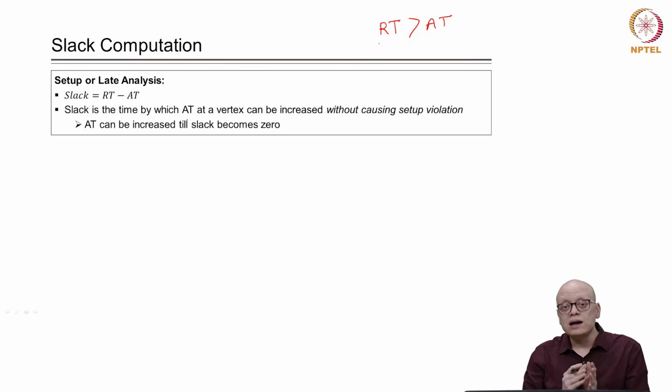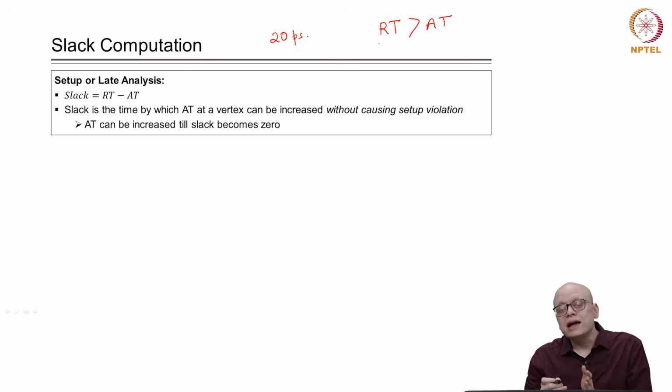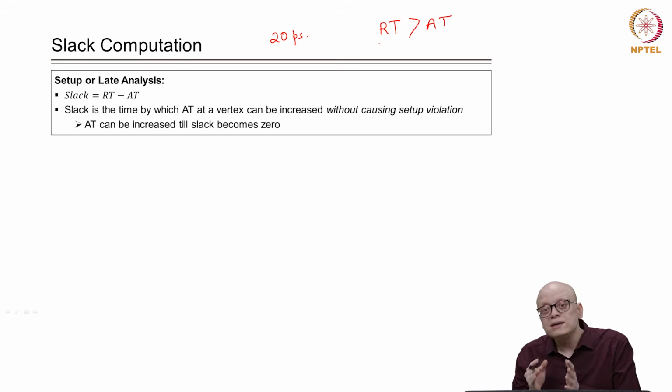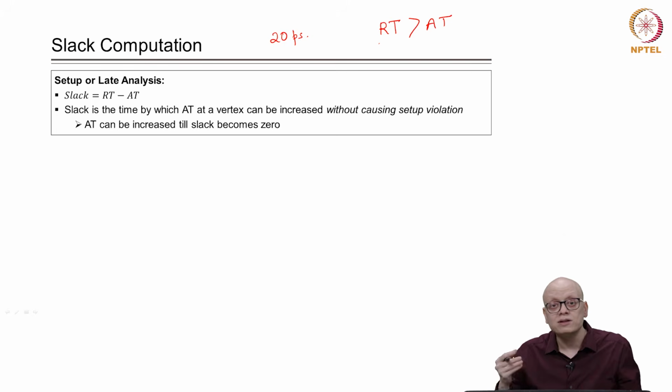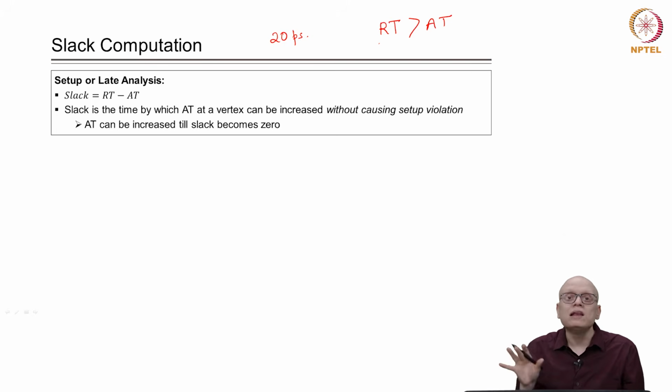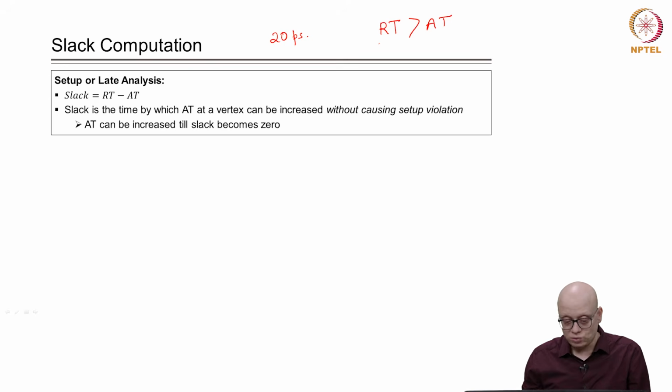So, if at a given vertex the slack was say 20 picosecond, it means that if the arrival time is increased up to 20 picosecond, then we will not have any timing violation in our circuit. But if we increase the arrival time by more than 20 picosecond, for example 25 picosecond, then we will have a timing violation in our circuit. So, the arrival time can be increased till slack becomes 0.